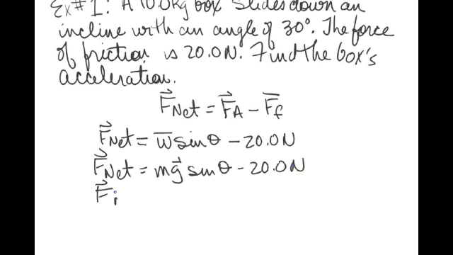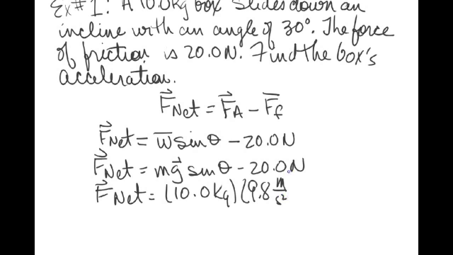Net force, the mass of the box we were told is 10 kilograms, g is 9.8 meters per second squared, times the sine of 30 degrees, minus 20 newtons.